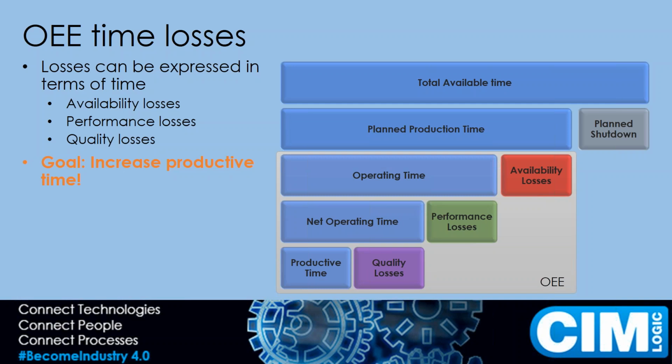If we have the ratio between the operating time and the planned production time, we will have the availability component. If we have the ratio between the net operating time and the operating time, we will have the performance component. And finally, if we have the ratio between productive time and net operating time, we'll have the quality component.